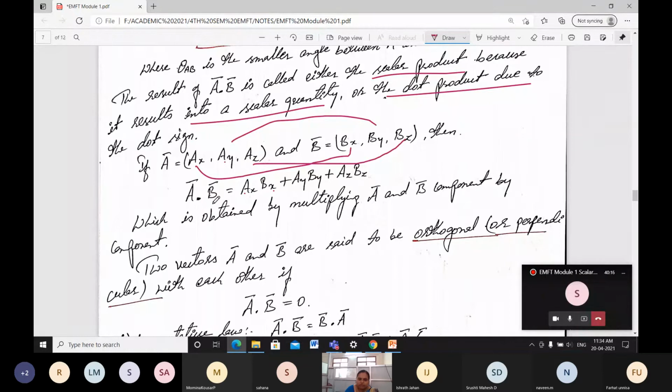This is your dot product of the components. Vector A has three components, Ax, Ay and Az. For B, Bx, By and Bz.